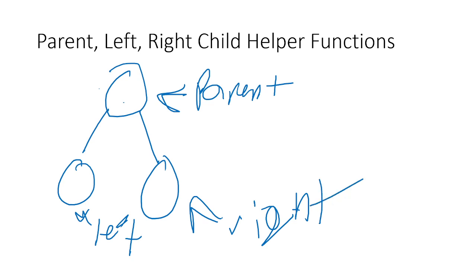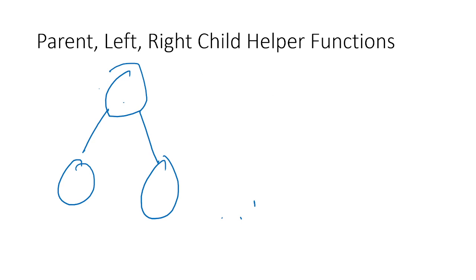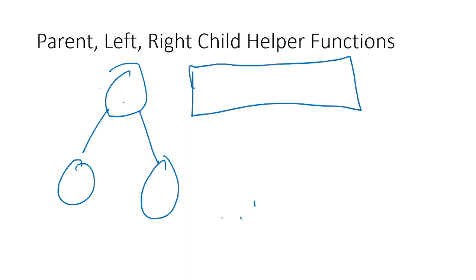How we're going to use this knowledge of parent, left, right, is that we're going to be using a vector for it. So this vector is going to look like this. Let's say I have these items, which are just 1, 2, 3.